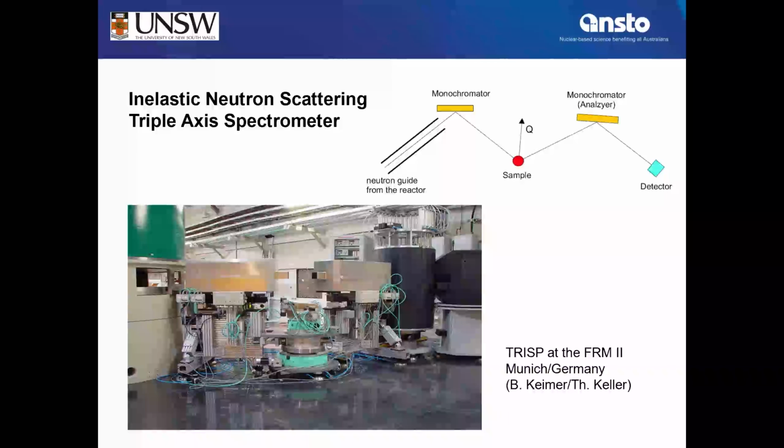Where's the bottleneck with polarized neutrons? Sounds like a fantastic technique, and indeed it is. Why isn't it used every day? The problem is that all these polarizers, Heusler crystal, helium-3 cell, eat up quite a large amount of neutrons.